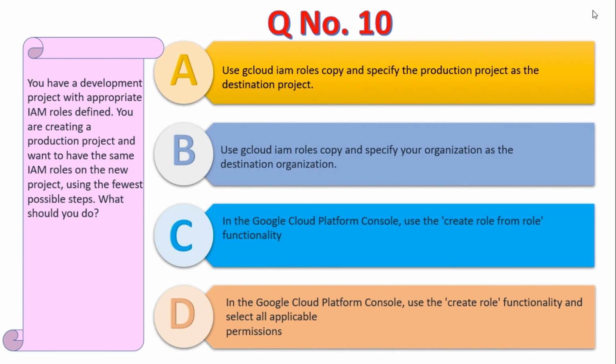B. Use gcloud iam roles copy and specify your organization as the destination organization. C. In the Google Cloud Platform console, use the create role from role functionality. Option D, in the Google Cloud Platform console, use the create role functionality and select all applicable permissions. Option A is the correct answer.